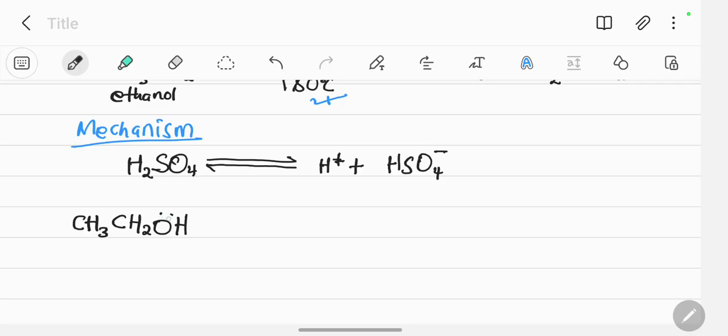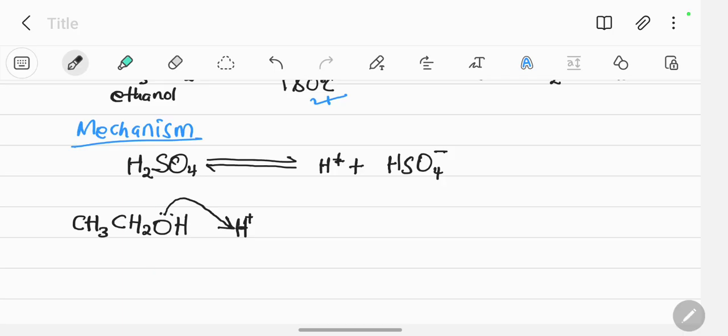oxygen has lone pairs of electrons there. So the alcohol is going to attack the hydrogen ion using those lone pairs of electrons. Remember from physics, like repels like and unlike attracts.